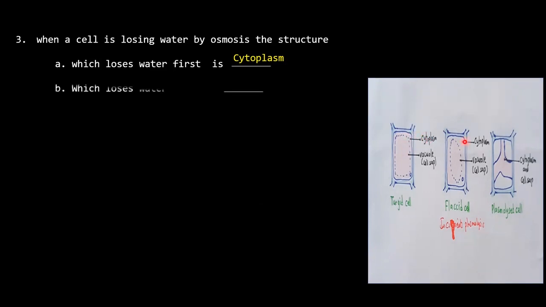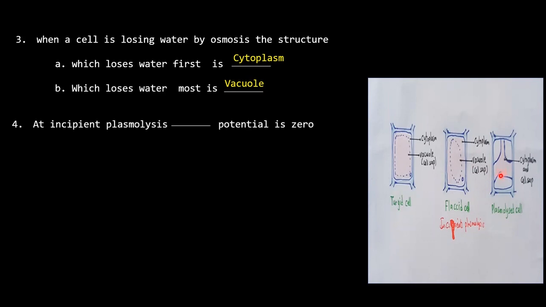But the structure that loses the most water is the vacuole. The vacuole loses water and the cell protoplast shrinks. At incipient plasmolysis, which is just about to begin, the pressure potential is 0.